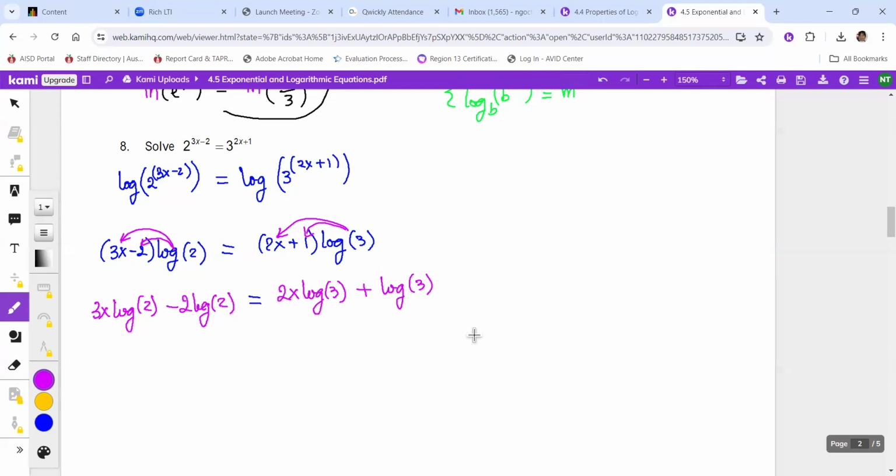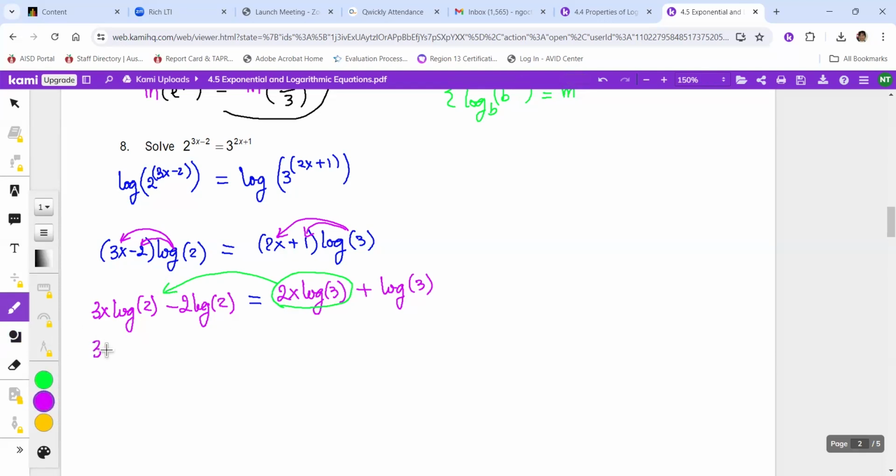Okay, so now we clear the parentheses by distributing. The next step is that we have to move all the terms that have x to one side. So what we mean is that the 2x times log base 10 of 3, we have to move it to the left hand side by subtracting. Okay, so I'm gonna write it down for you.